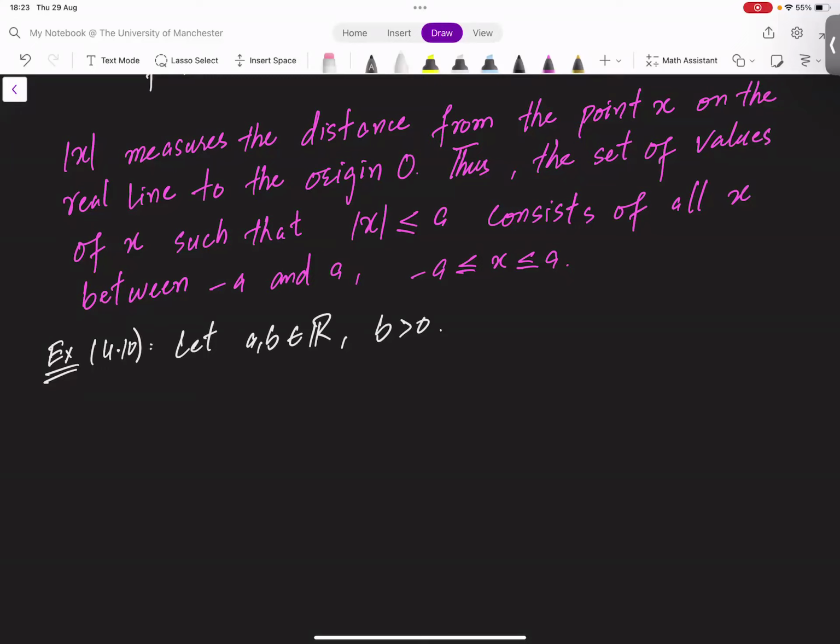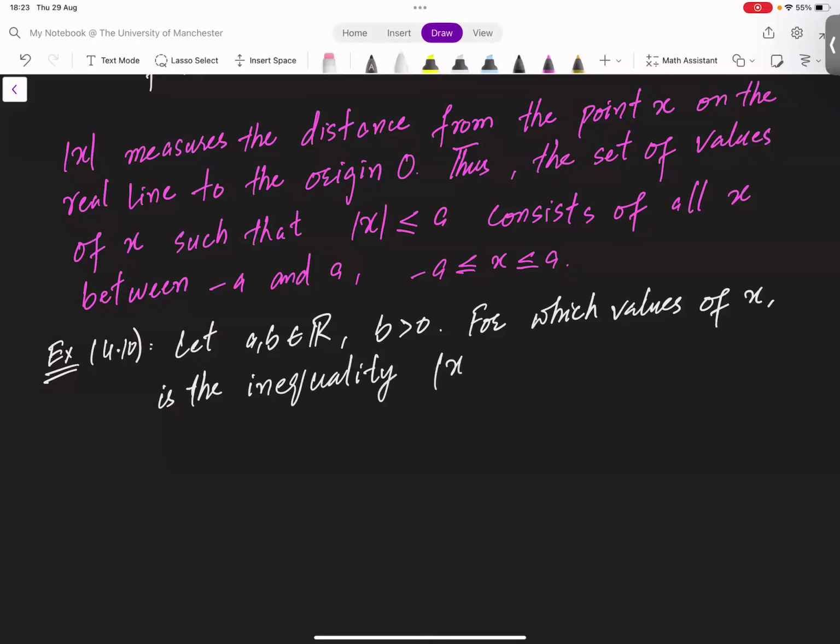Now, for which values of x is the inequality mod of x minus a less than or equal to b satisfied?